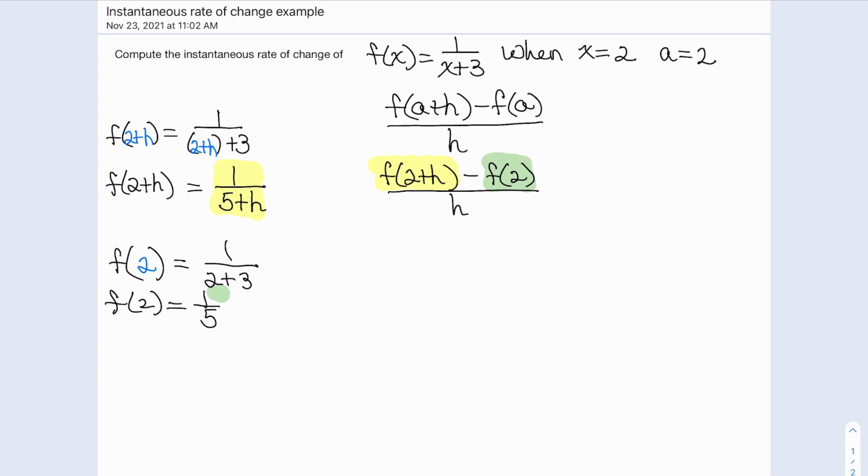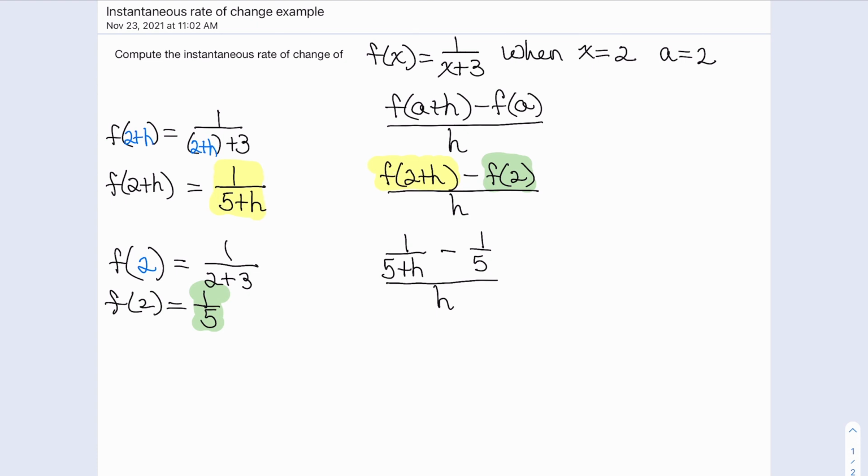And that 1/5 is going to go where the green shaded expression is. So we have take out the f of 2 plus h and put in our expression 1 over 5 plus h, minus, take out the f of 2 and put in our 1/5, and then that's all over h.